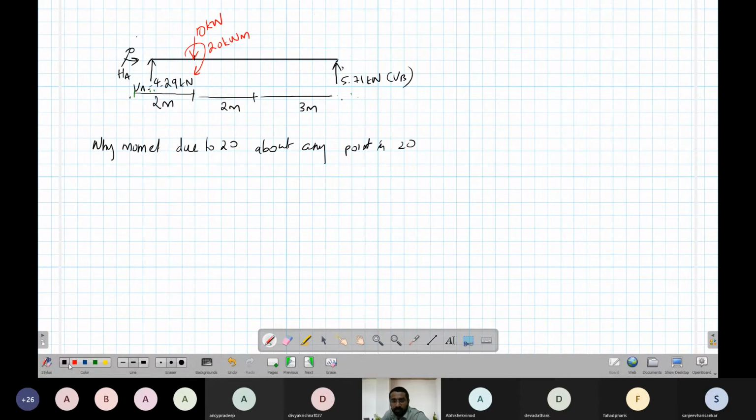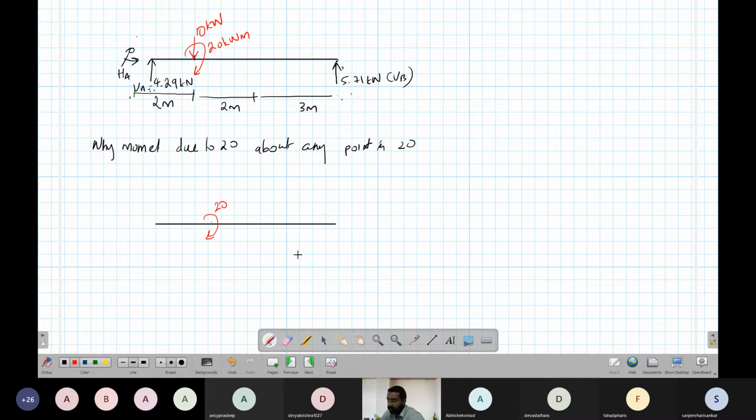The idea is, if you have a line like this, and there is a moment here, it's the 20.